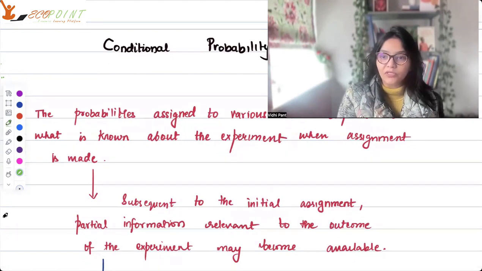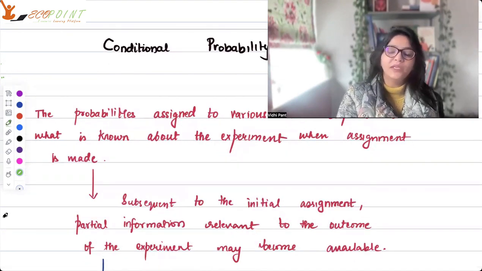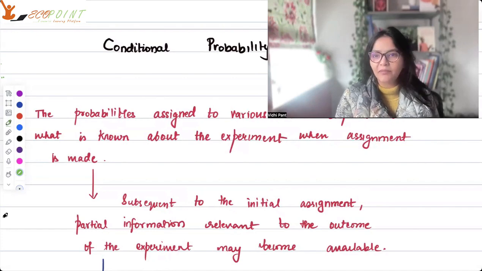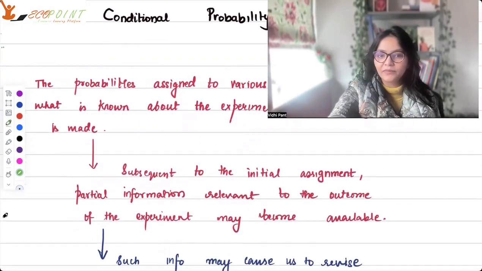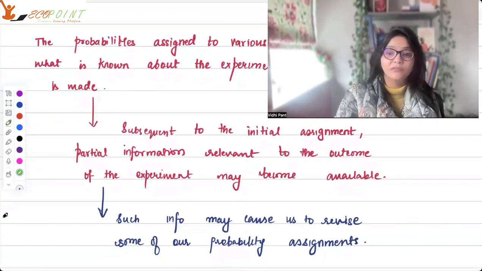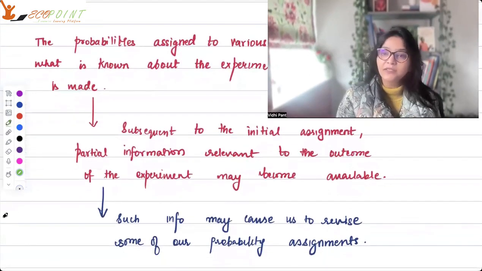And think about it. Isn't it very obvious that it will have an impact on the probability that we have assigned? Such information may cause us to revise some of our probability assignments because the extra information is going to make such changes.